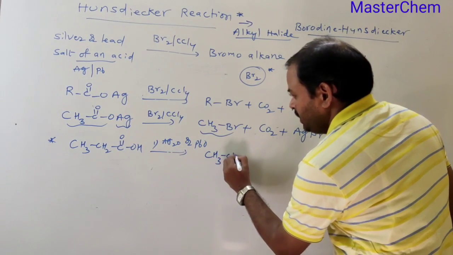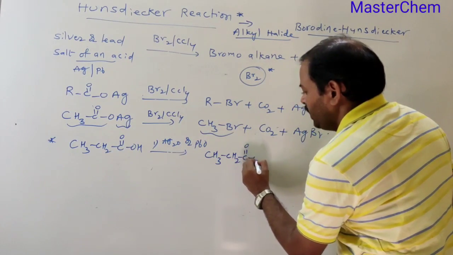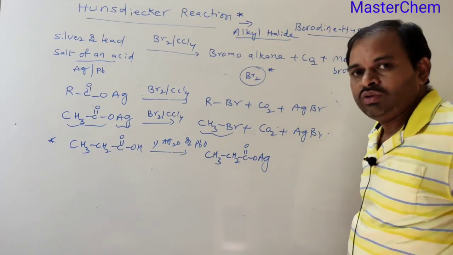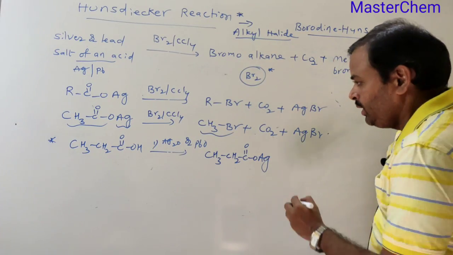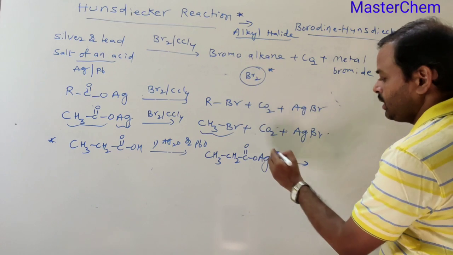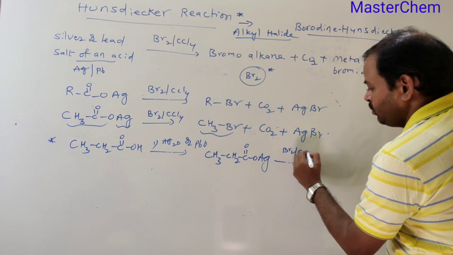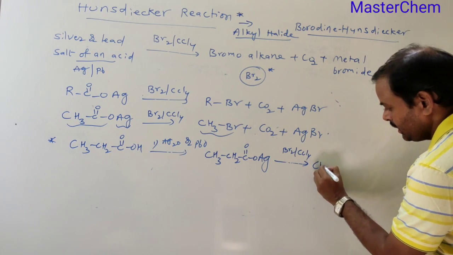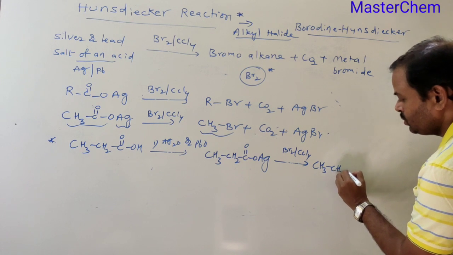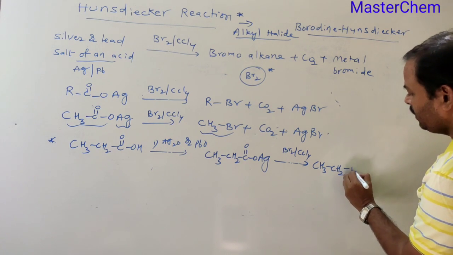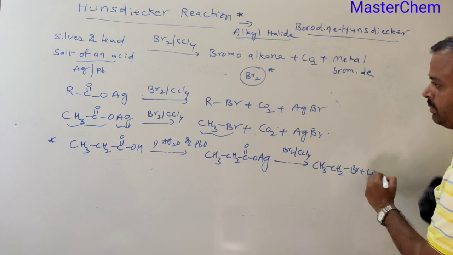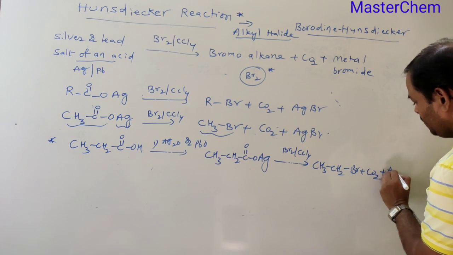So with the first step, you get CH3CH2COOAg, the silver salt of propionic acid. Now on conversion with Br2 in CCl4, you get CH3CH2Br plus CO2 plus AgBr.